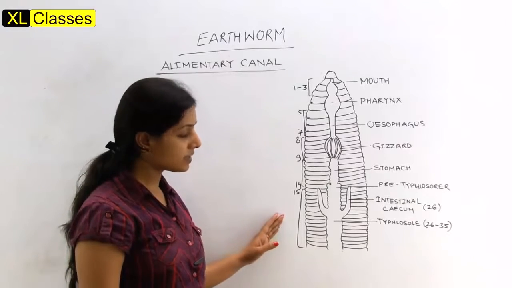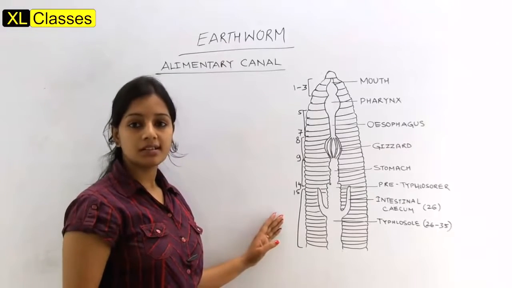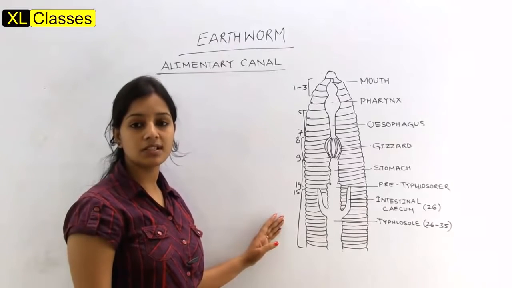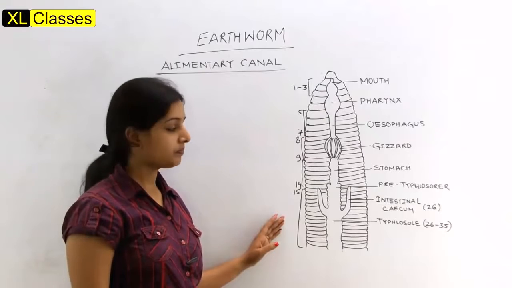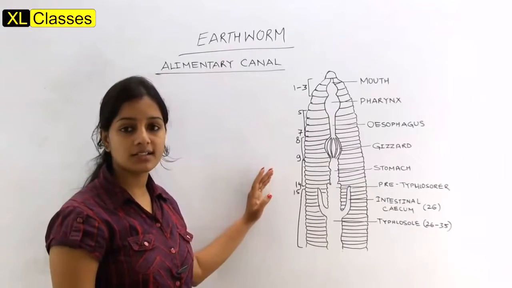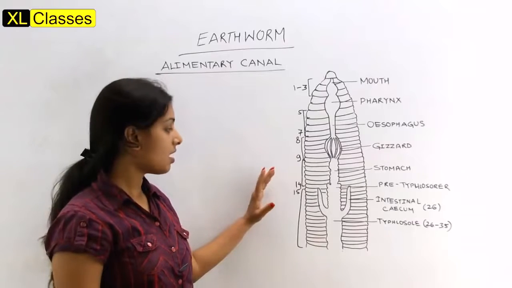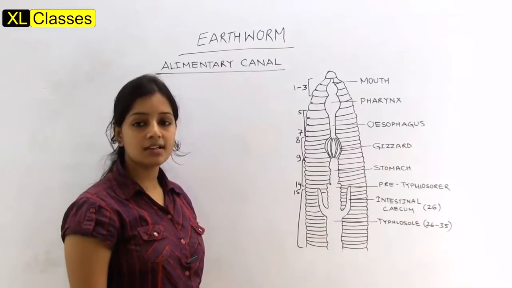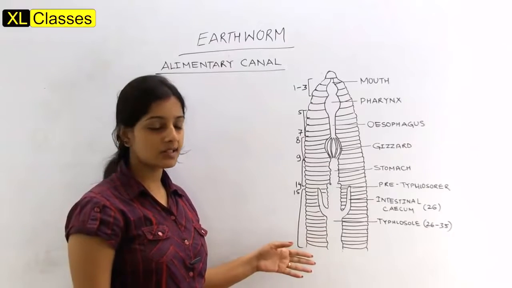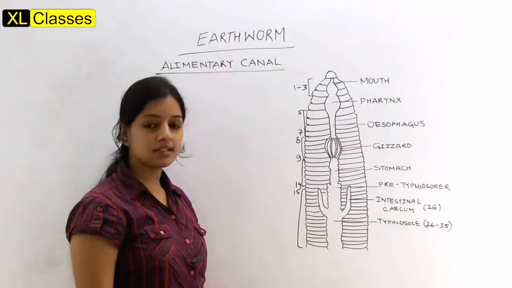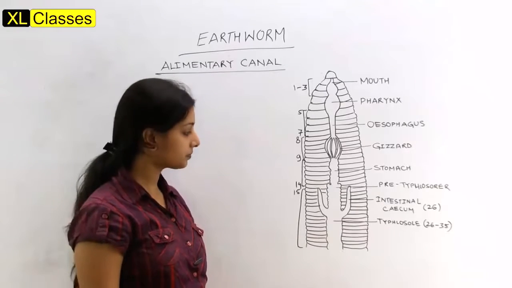Then the alimentary canal leads up to the last segment and opens outside through the anus. The organic food materials are digested inside the intestine and the nutrients are absorbed by the intestinal wall.